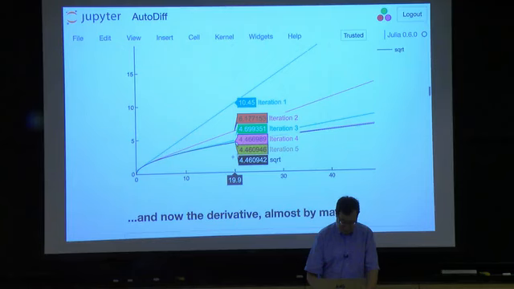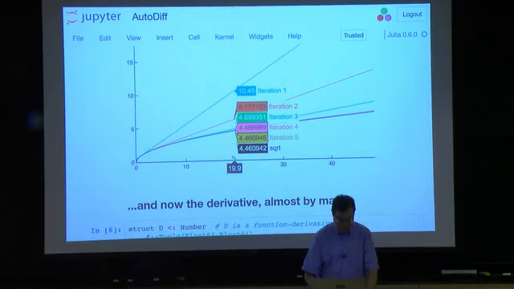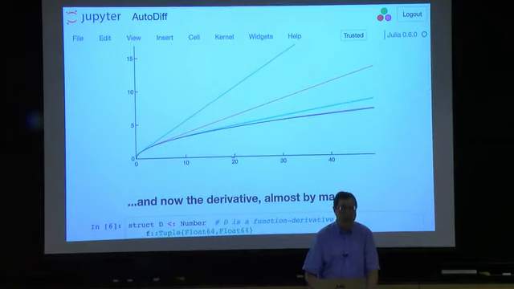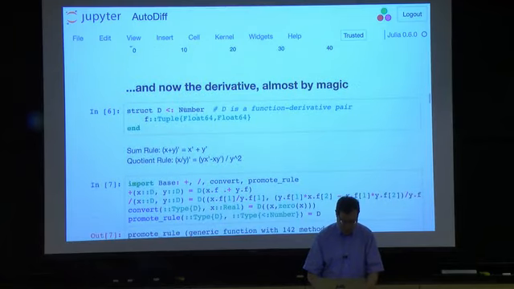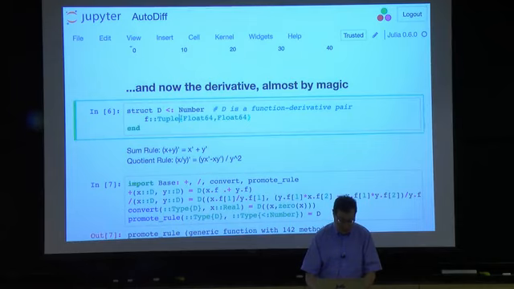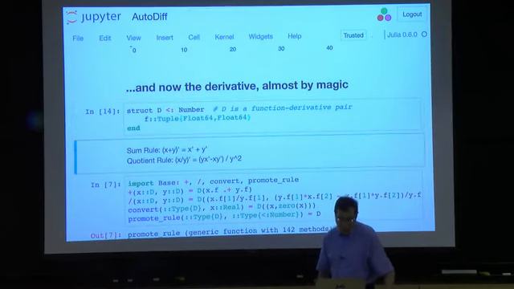But here's how I'm going to do it, with a little bit of Julia code. There'll be 8 lines of Julia, but I'm not going to completely say how it works yet. I'll keep you in suspense for maybe about 5 minutes, and then I'll tell you how it works. So here's 8 lines of Julia code that will get me the square root. In these 3 lines, I'm going to create a Julia type.